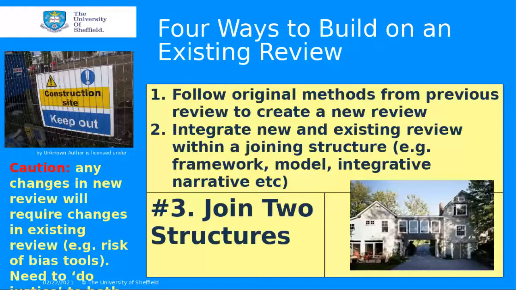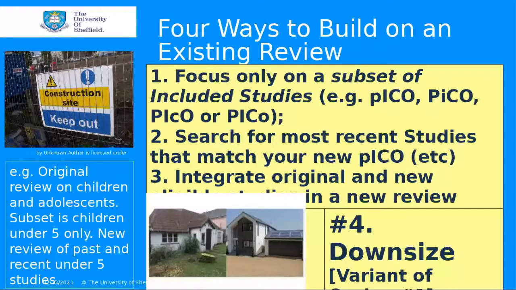The fourth option is the narrowing down, the downsizing, as we called it here. And this is where we focus only on a subset of included studies. So we just use a part of the existing review, and then we build upon that. And so we do two processes.